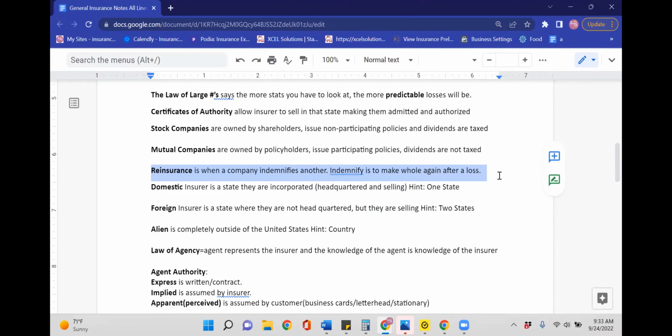One way to avoid that is by having another insurance company back you. You can literally have insurance on your insurance. So reinsurance is where one company will back another company for all or part of their losses. And the purpose of reinsurance is to prevent catastrophic losses taking out an insurance company.